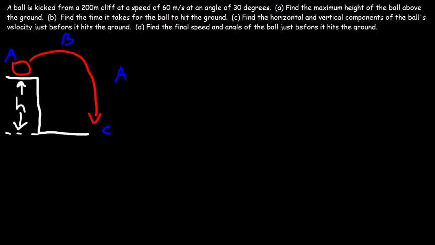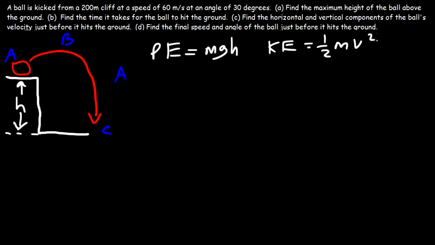Now, any object in motion has kinetic energy. Potential energy is the product of the mass times the gravitational acceleration times the height. Kinetic energy is 1/2 times the mass times the square of the speed. Now, at position A, the ball has potential and it has kinetic energy because it's moving.